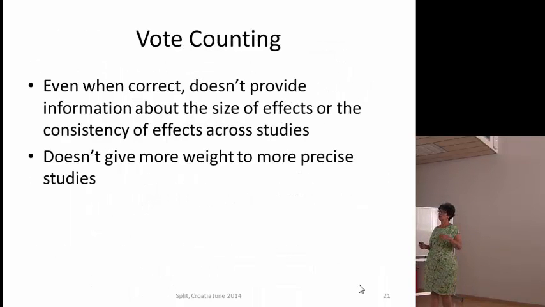Even when vote count, yes ma'am? I'm sorry, I want to ask you something about sample. I'm a psychiatrist and I did a lot of research about psychotherapeutic treatment effects. And we have real problems with how to create samples because we have inclusion and exclusion criteria.